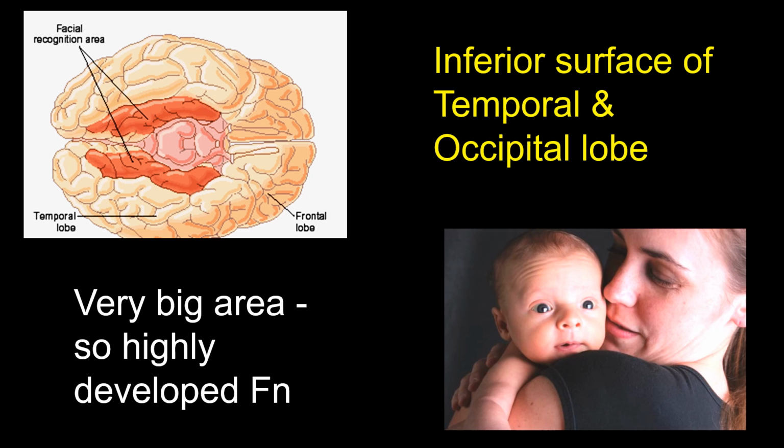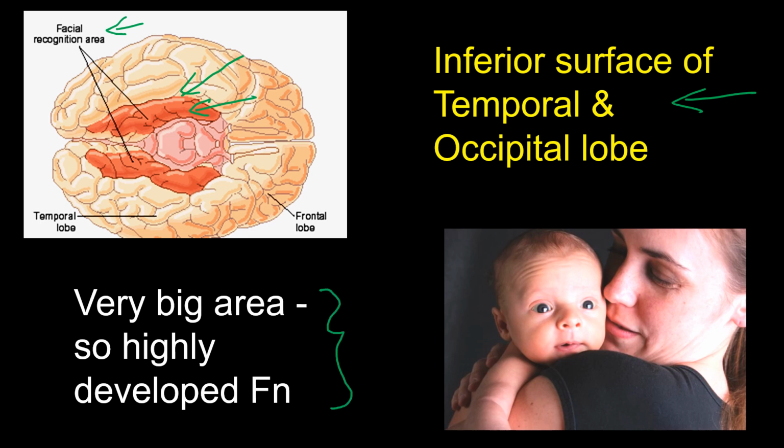Fourth function of occipital lobe is recognition of human faces. We can see in the diagram this big red area, that is whole medial half of inferior surface of occipital and temporal lobe, which is highly developed in human beings.